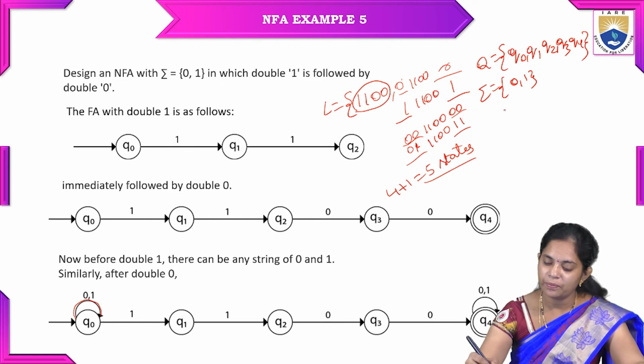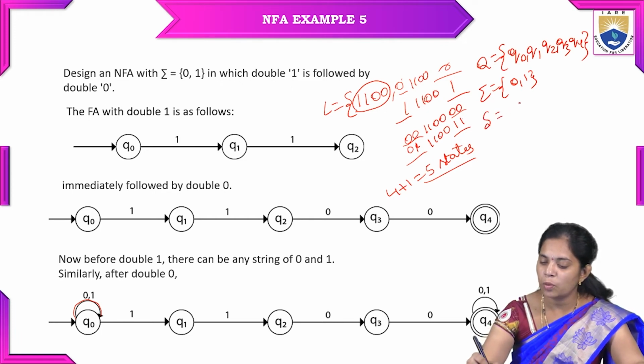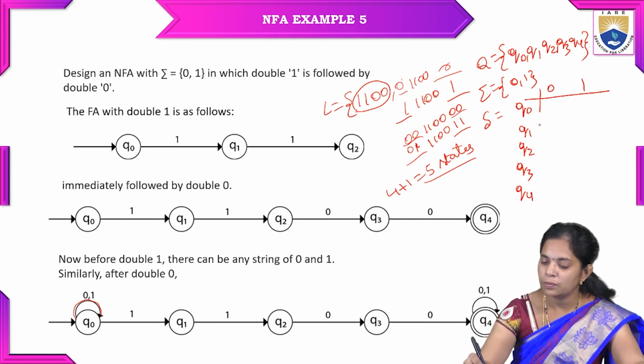And next, the transition. The transition requires input symbols with the states. So the states are Q0, Q1, Q2, Q3, Q4, and the input symbols are 0, 1.